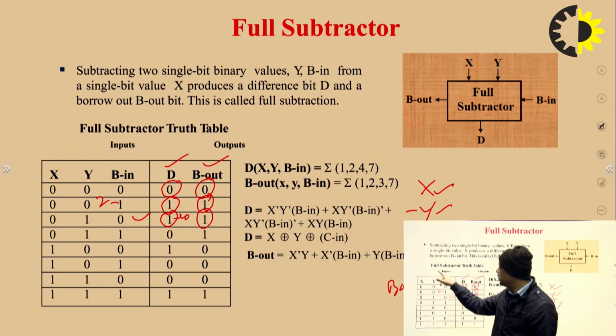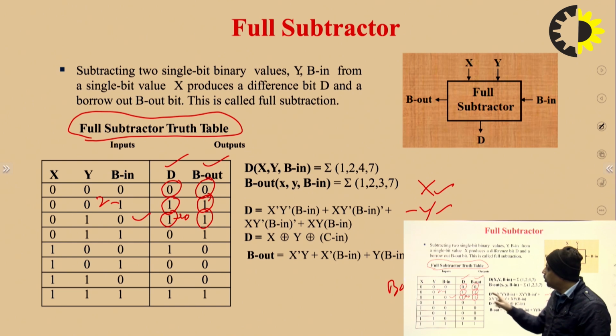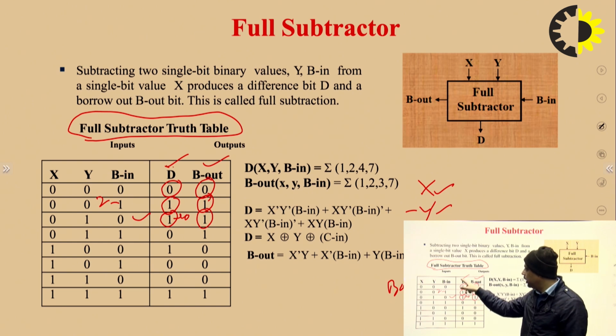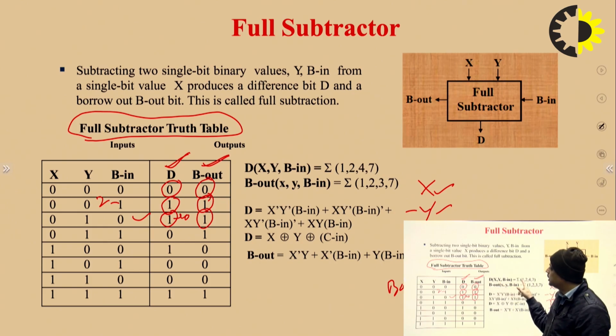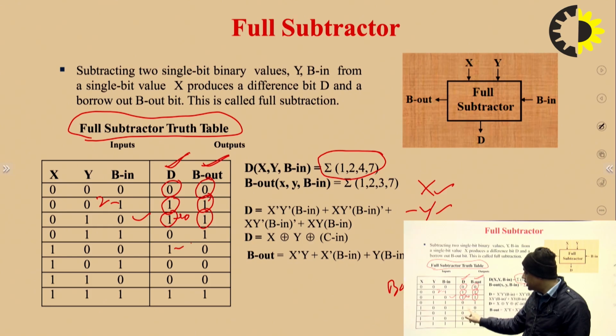So this is the truth table or relationship table of the full subtractor circuit. Now the difference and the borrow are represented as the sum of all the possible ones in the difference line, that is over here, and this one and this one.